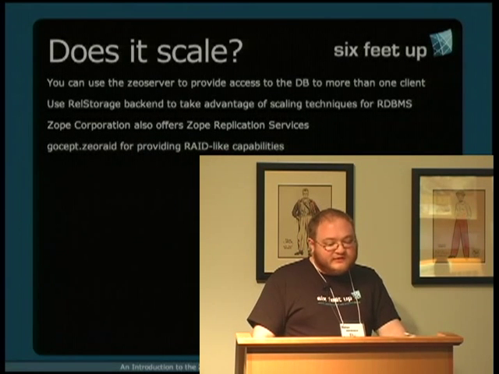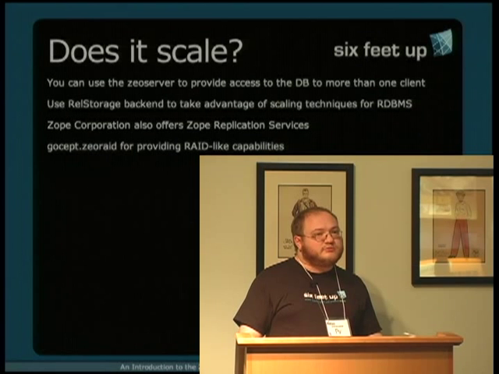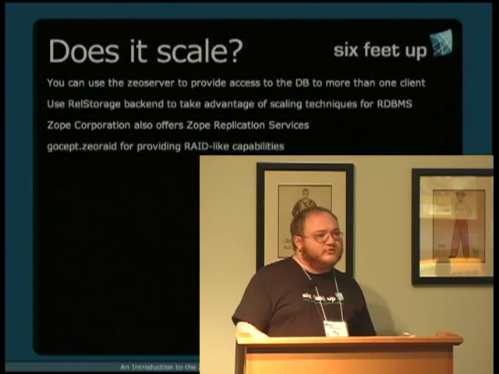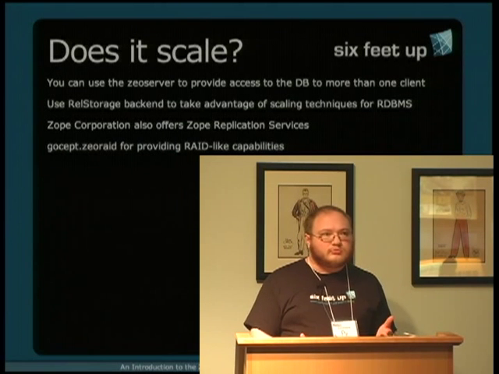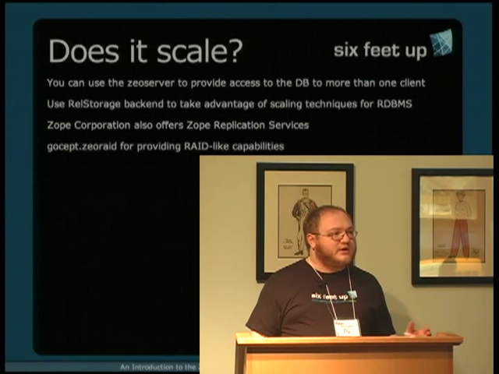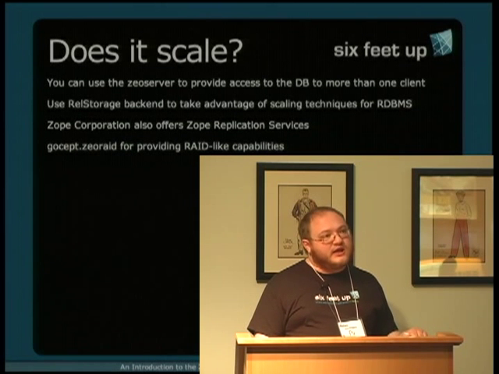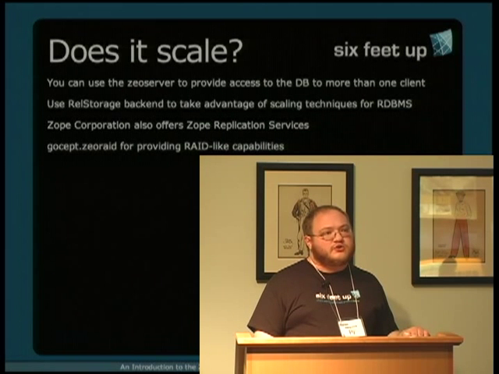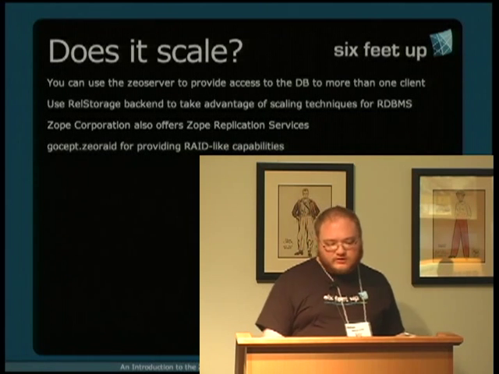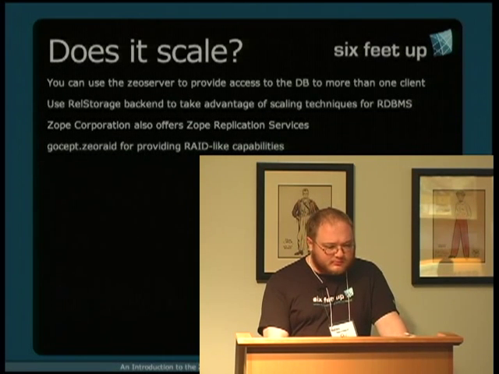And the zc.zeoraid package provides some RAID-like properties, so you can use that to get more durability. So you can have a master and a slave for your data files, and you can also, I believe, create two data files to use separately to speed up lookup.